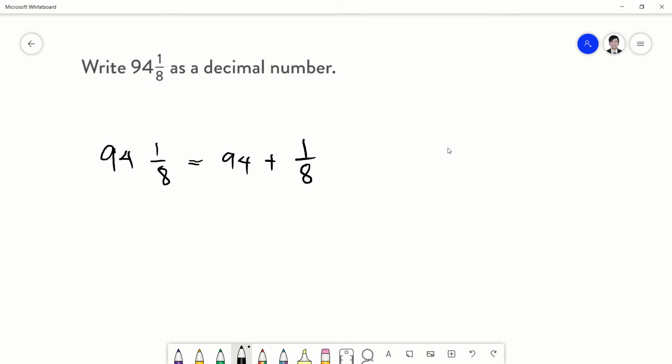But no matter what number we multiply to 8, it will not result in 10, 100, or 1,000. Let's say, for example, 8 times 2 will give you 16. 8 times 3 will give you 24. And so on. That means we don't have a choice but to convert this fraction using long division.